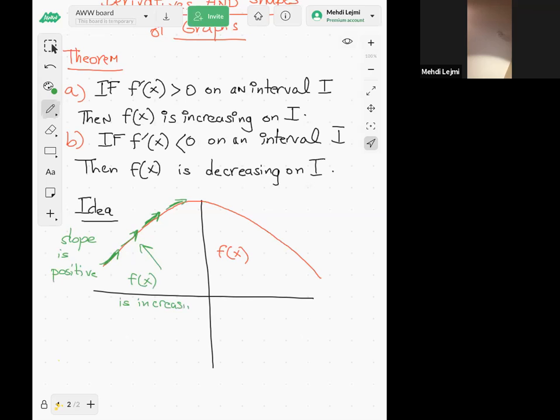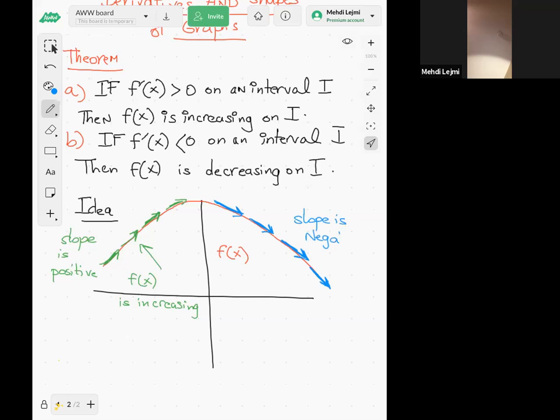Now on the second interval, if we take the tangent lines, the slopes of these blue lines are negative.